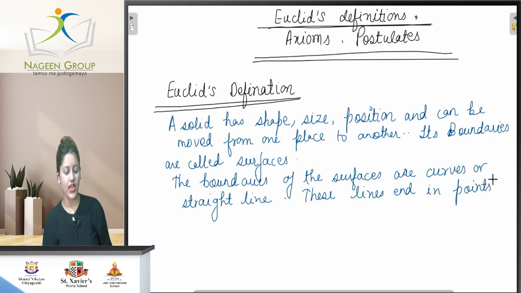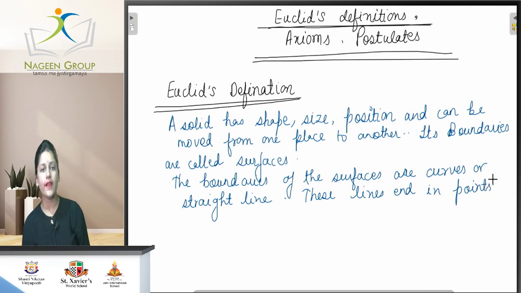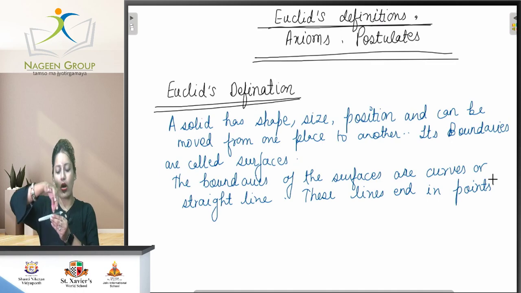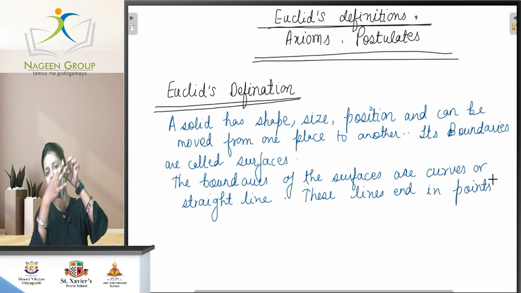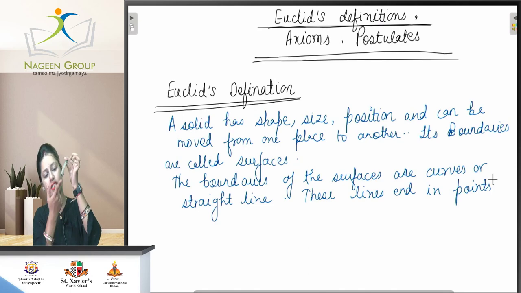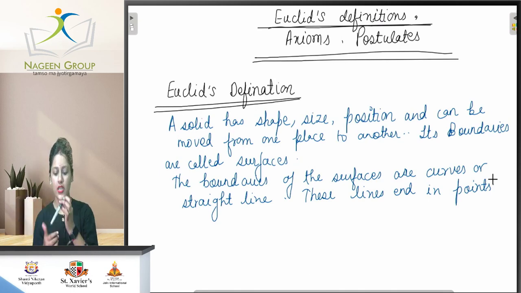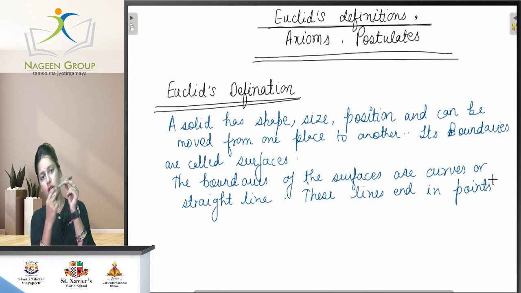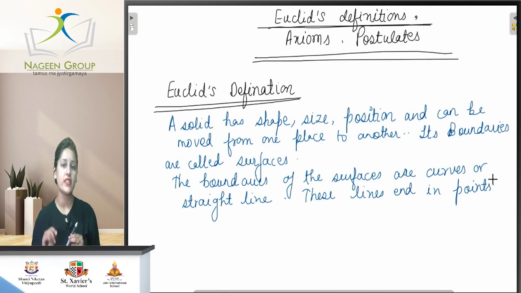What we have understood is that a solid, like this one I have, has a shape, which is cylindrical, it has some size, it has some position, and its boundaries are called surfaces. This is the front surface, this is the back surface, this is the lower surface, this is the upper surface. Understand? After that, the boundaries of surfaces are curves or straight lines. This pen has a curved surface while some have pointed surfaces.